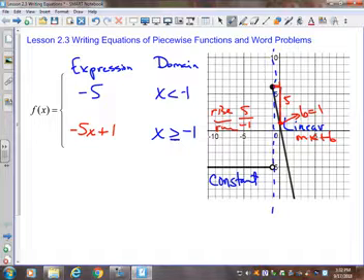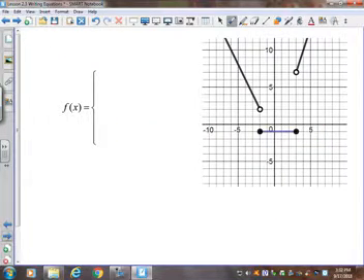Now, as we look at each of these, we're going to look at different kinds of pieces, so not everything's going to be straight. But in our next one, we have 3 pieces. The first circles that state your domain are right here on -2. So there's going to be a piece that is less than -2, and we'll talk about equal to and coloring it in after we get them written.